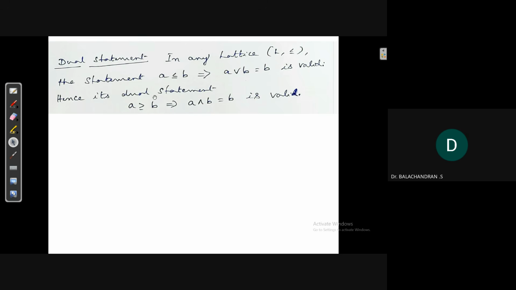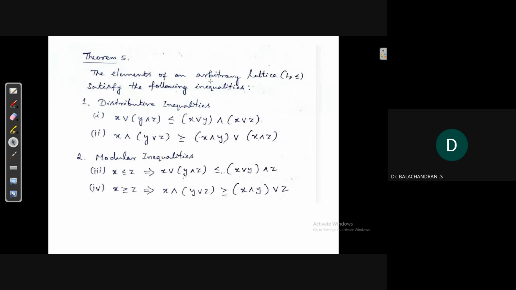So the dual statement a greater than or equal to b implies a and b equal to b is also valid. So that is a dual statement. Using this dual statement, we are going to prove the next theorem. This is the last theorem in this lecture.